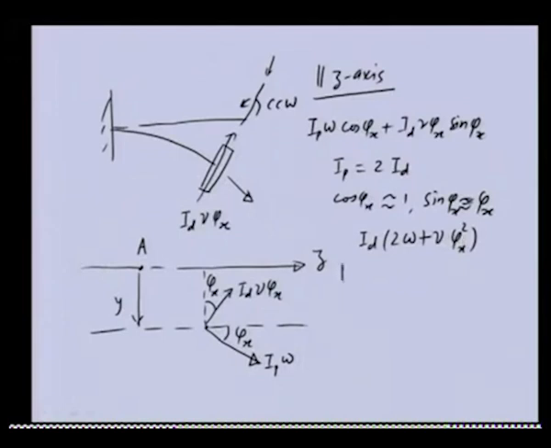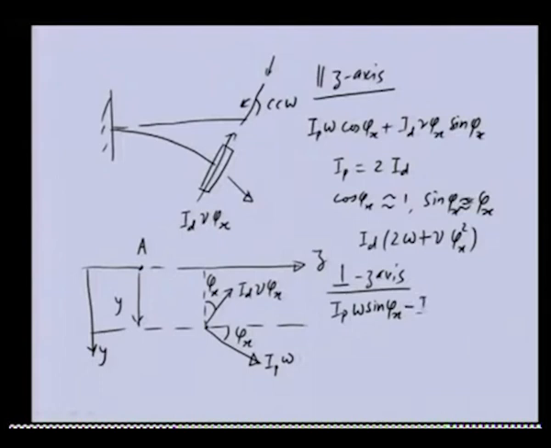Now perpendicular to the z axis, what is the component of this angular momentum? So this will be Ip omega sin phi x. In this particular case, let us say y is positive in the downward direction. So we have the component of this in the positive y direction, but the component of this will be in the negative direction.